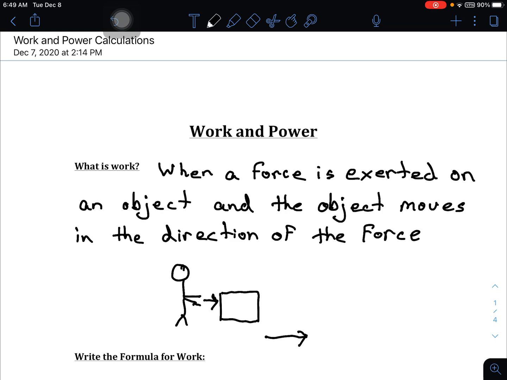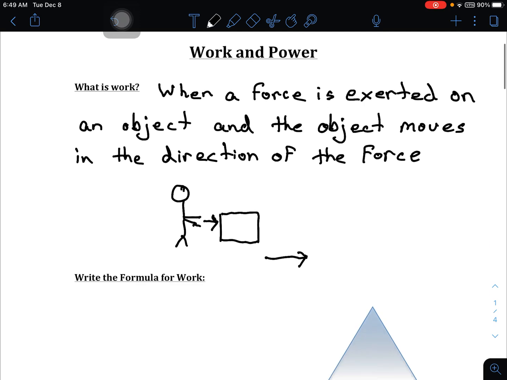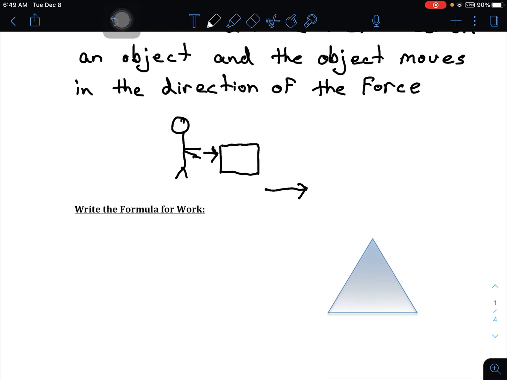That would be an example of work. Okay, what's the formula for work? Well, we just talked about that. Work is equal to force times distance.